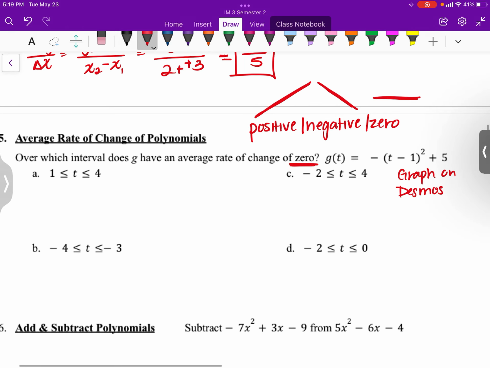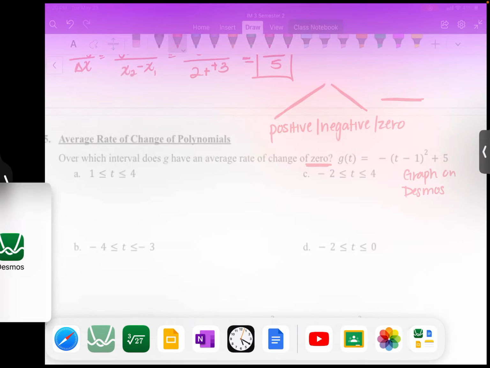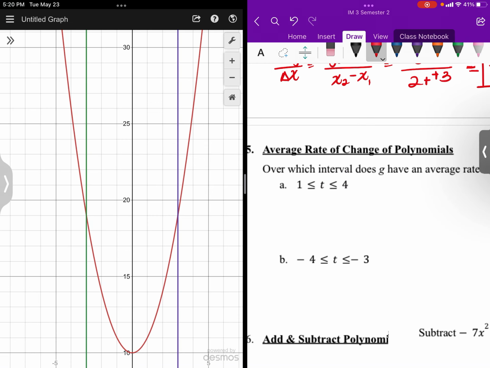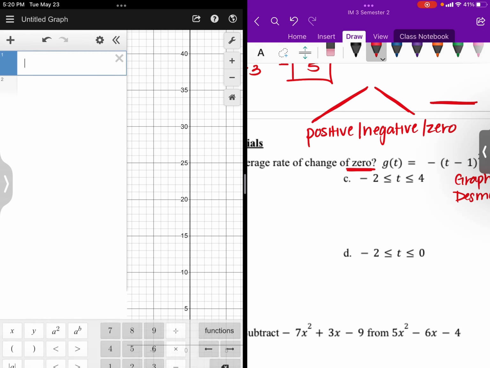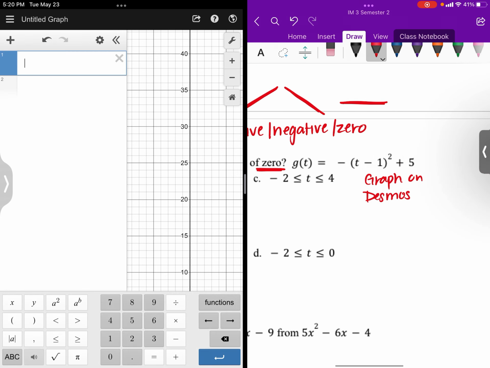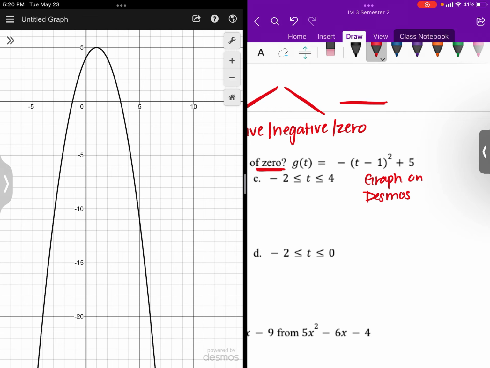All right, so let's bring out the equation here, or graph in this case. Instead of t, guys, I'm just going to put x, because sometimes it doesn't let me graph it that way. So that is our function.